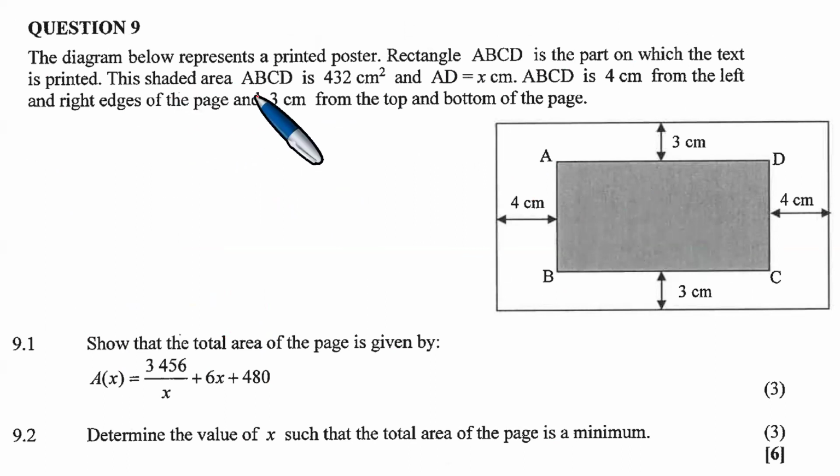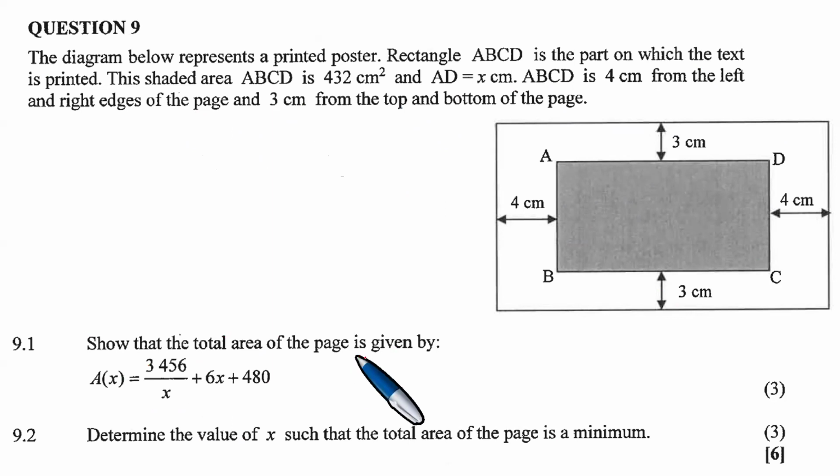The shaded area ABCD is 432 square centimeters, and AD is X centimeters. ABCD is 4 centimeters from the left and right edges of the page, and 3 from the top and bottom of the page.